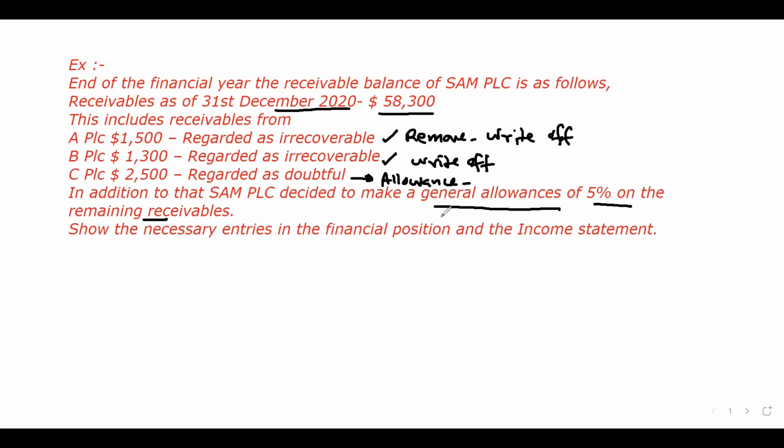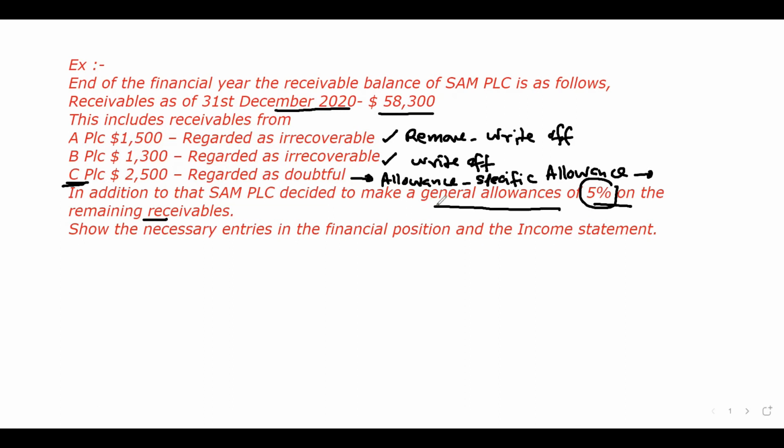Here also we have to make a general allowance of 5% on the receivable amount, whereas this allowance is a specific allowance, because we know the customer, so we have to make this amount doubtful debts.